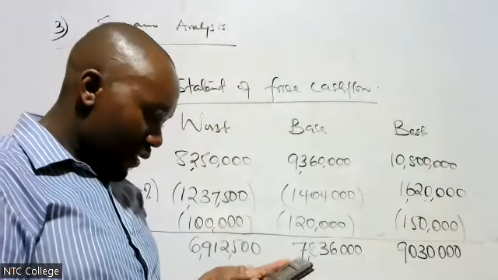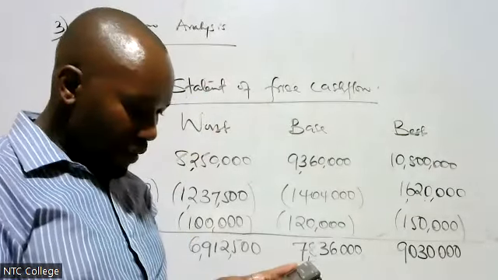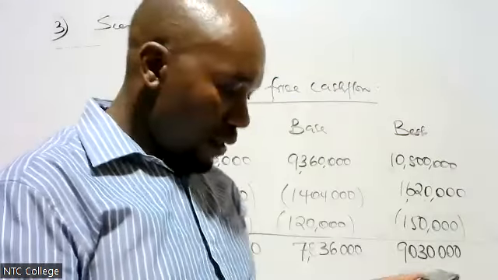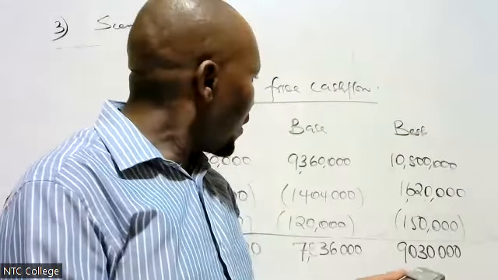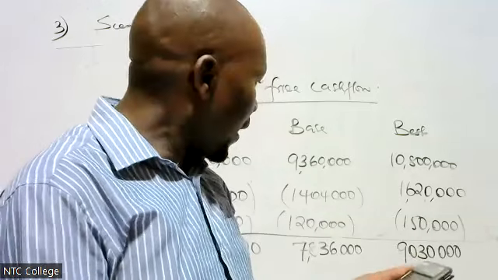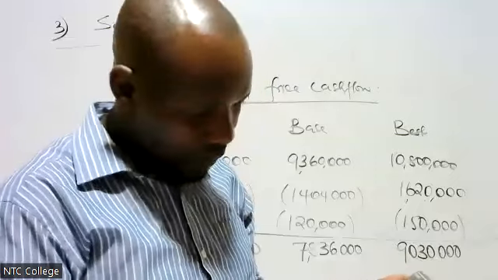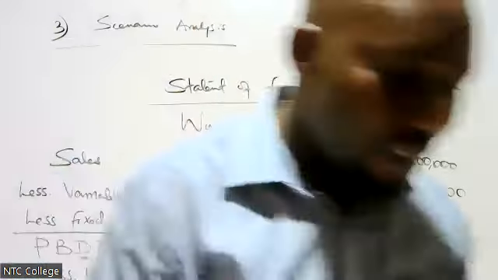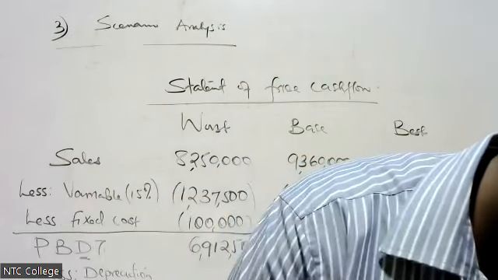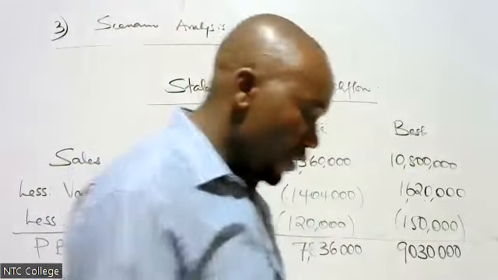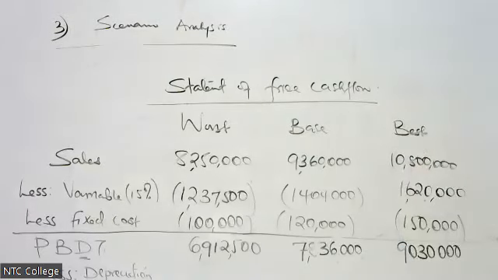I have here 10,080, minus 1620 minus 150. I'm getting 9030. So how are you guys getting 9080? 9030. Okay, so get me the depreciation charge. Then we proceed from there.